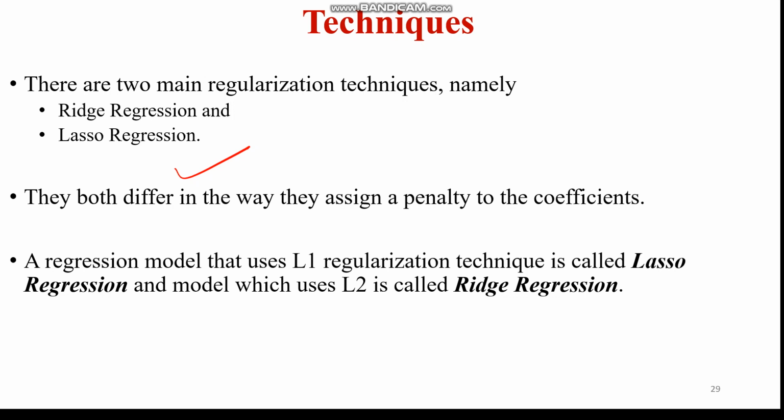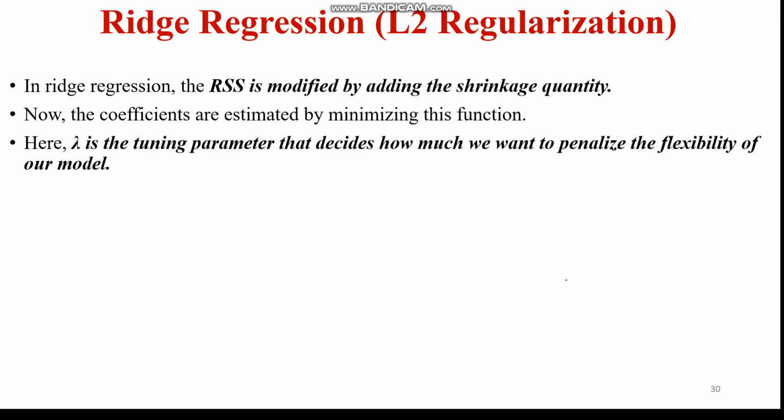Regularization is there to avoid overfitting and to get the appropriate fit, and it works by adding a certain penalty. A regression model that uses L1 regularization is known as lasso regression, and the model that uses L2 is known as ridge regression.